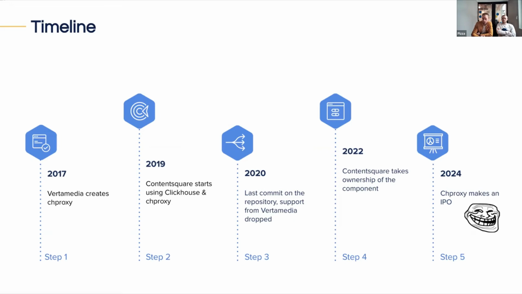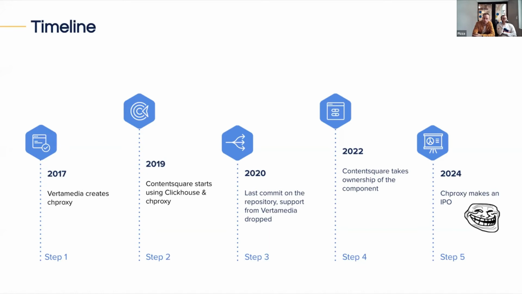Whereas us, in 2019, we decided to migrate from Elasticsearch to ClickHouse. And from day one on our production systems, we used Chproxy. It served our needs very well along the way. We saw though that in 2020, more or less, Vertamedia started to drop support for the community version. They no longer had time.